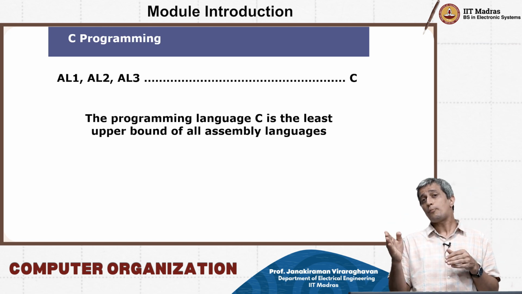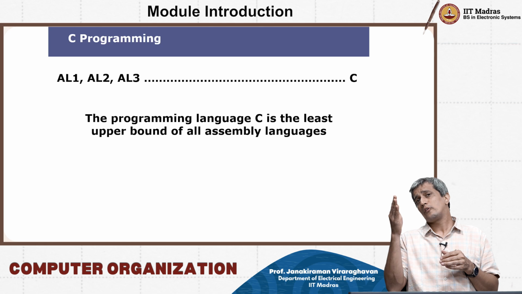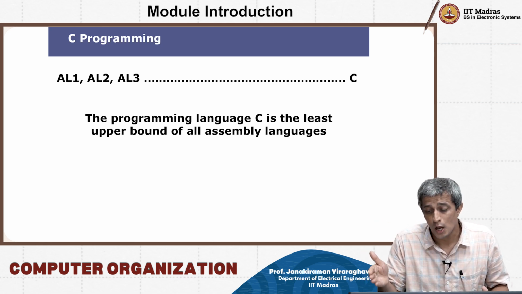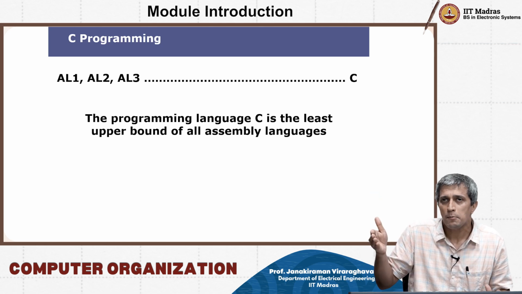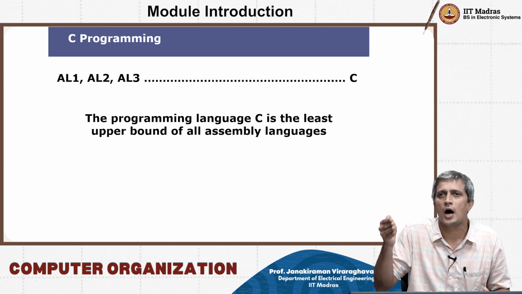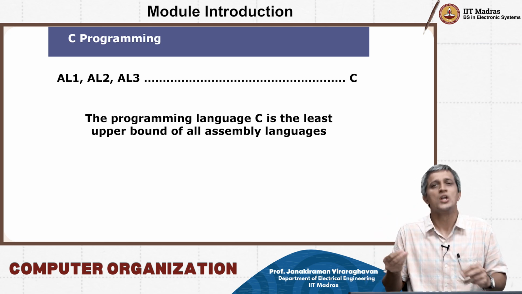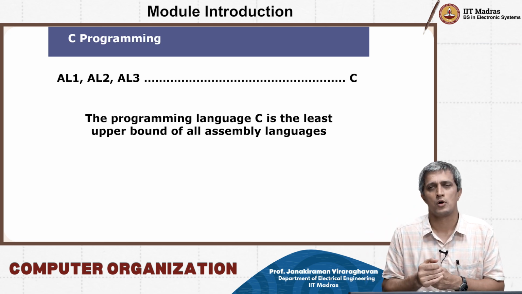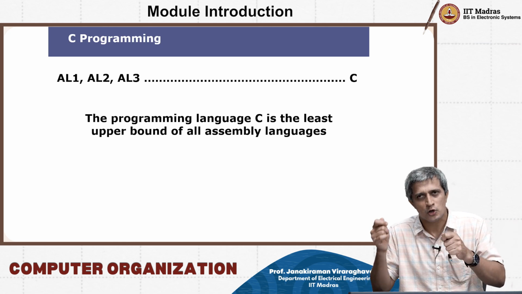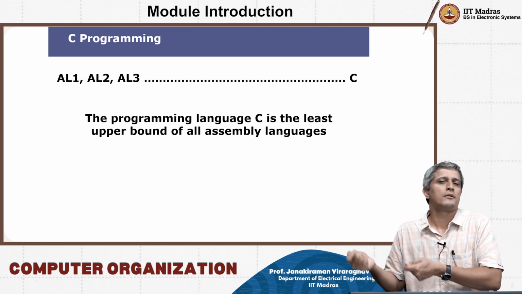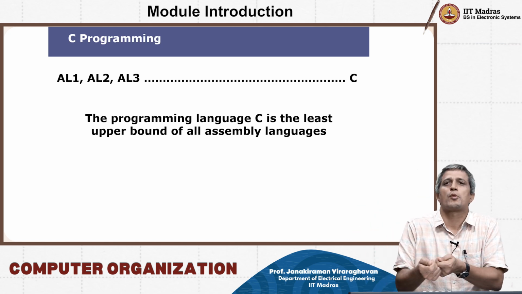So, C provides the kind of functionality that you can achieve with a high level language, but at the same time, it is so close to the hardware and so relatable to assembly language, and that is why I argue that C is like root 2. It is not an assembly language, it's a high level language, but it is the least upper bound.